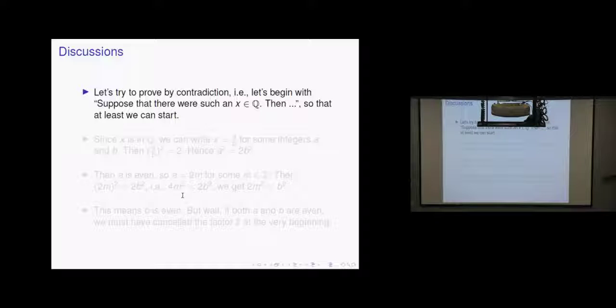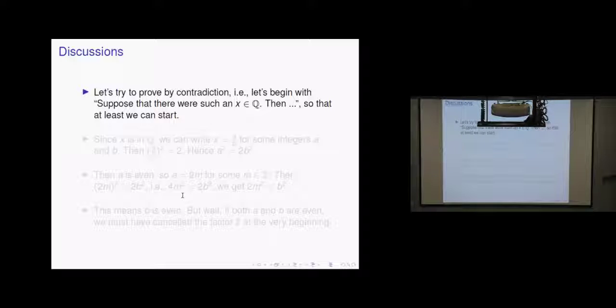Let's look at the negation. Let's begin with the negation of the statement. Suppose it's not true, so suppose that there was such an x, which is a rational number. Let's see what happens. At least we can start with a rational whose square is 2.